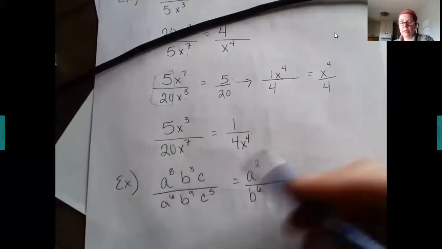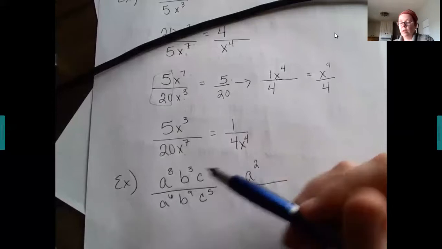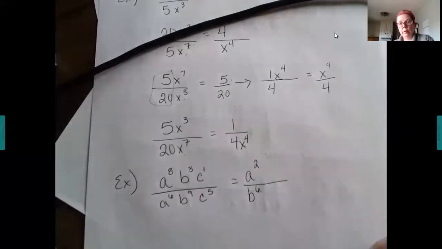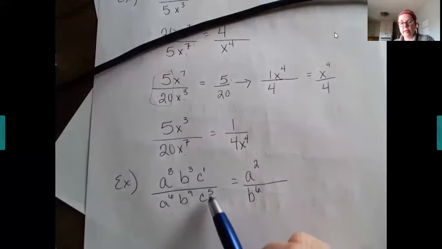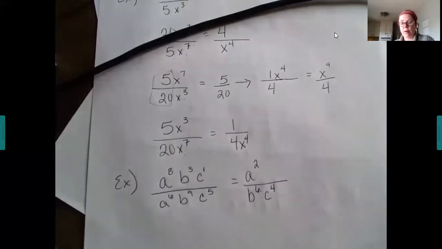Here, I see that I have C and then C to the 5th on the bottom. Don't forget that there's that little 1 right there. So I have 1 C on top and 5 on the bottom. So when I take the difference, I'm going to have 4 C's left on the bottom. Okay. So sometimes your little guys will stay together and sometimes they split apart. Just what happens in life, right?